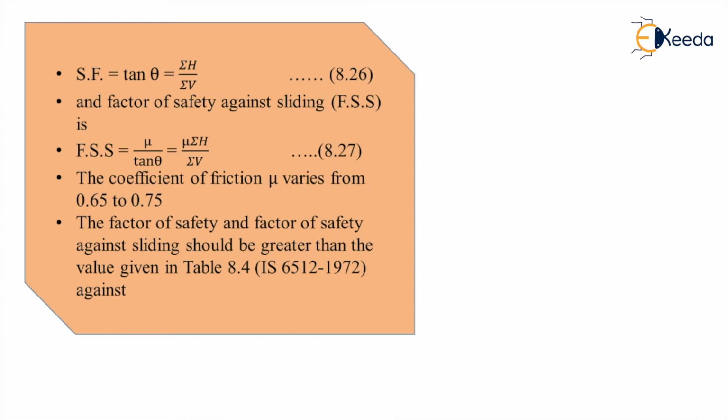And the factor of safety against sliding is equal to mu, the coefficient of static friction, multiplied by the summation of vertical force divided by the summation of horizontal force. The value of mu varies from 0.65 to 0.75.